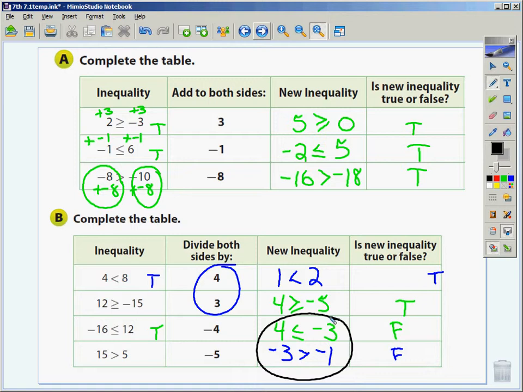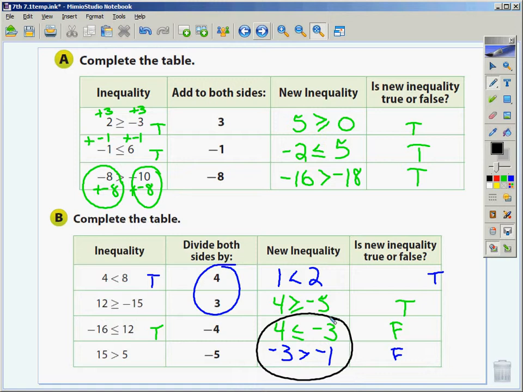No, I don't want to change the number. So turn the greater than sign around. Flip it. Reverse this.